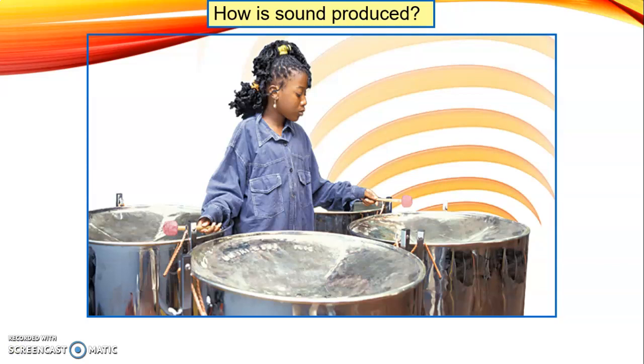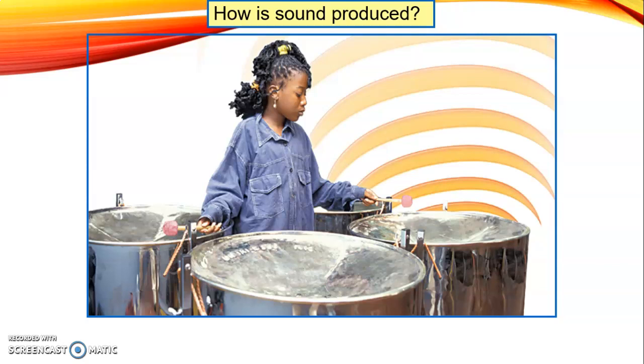This is the lesson 2, and we are going to learn about sound. How is sound produced? Have you ever noticed the sound from an airplane rattling the dishes in the kitchen?